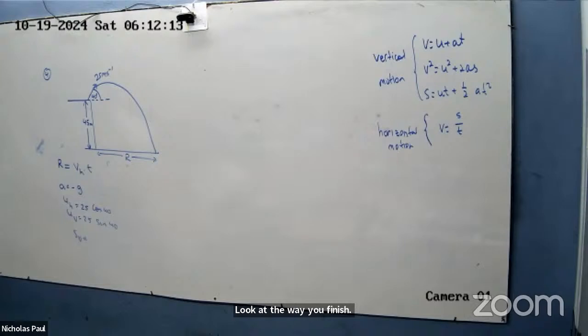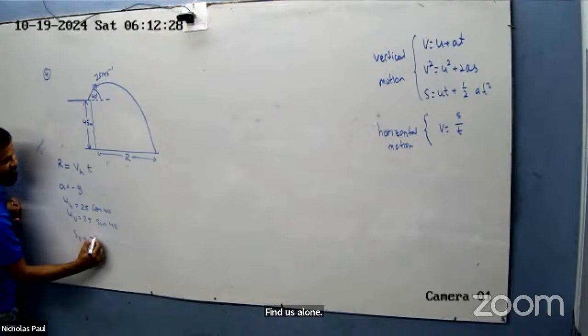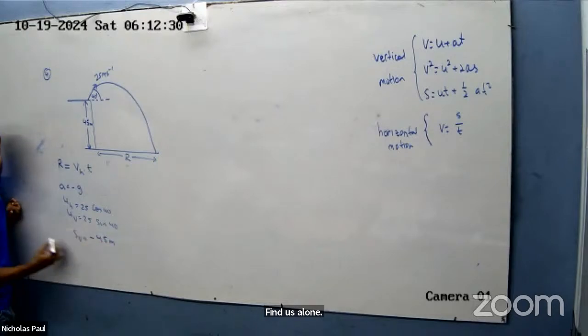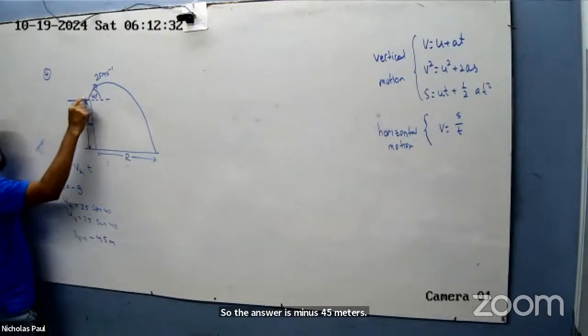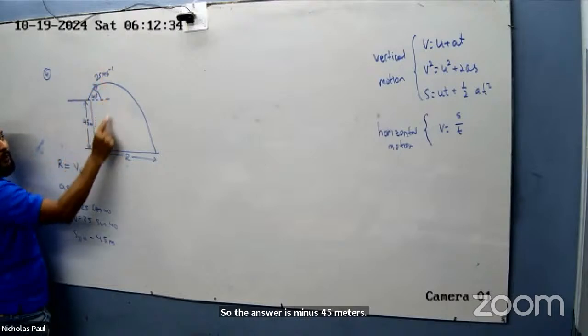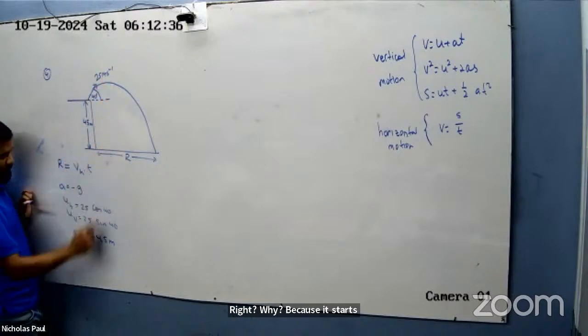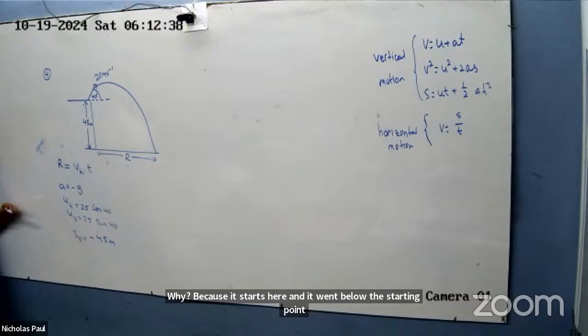It's minus. So the answer is minus 45 meters. Why? You're going down. Because it starts here and it went below the starting point. So it's minus 45, okay?